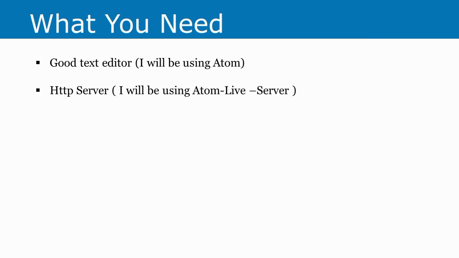Finally, you need Google Chrome. Since we're exploring the developer tools within Google Chrome, you need to have Google Chrome installed. So that's all the requirements to set up the environment to explore the Google Chrome Developer Tools.